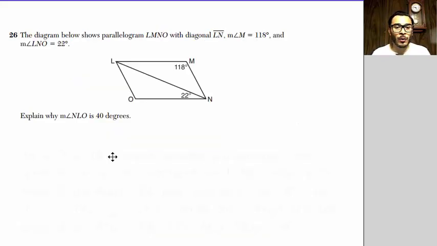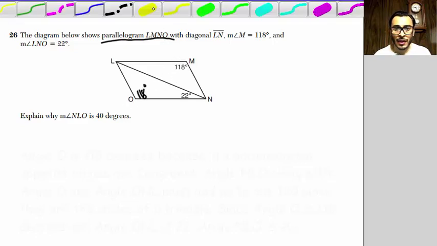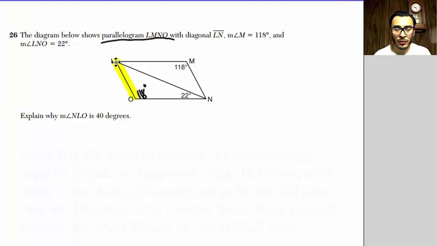Number 26, explain why angle NLO is 40 degrees. All right, so we were told that this is a parallelogram, and since it's a parallelogram, we could say that angle O is also 118 degrees. Opposite angles of a parallelogram are congruent. Then you'll see that we have a triangle here.